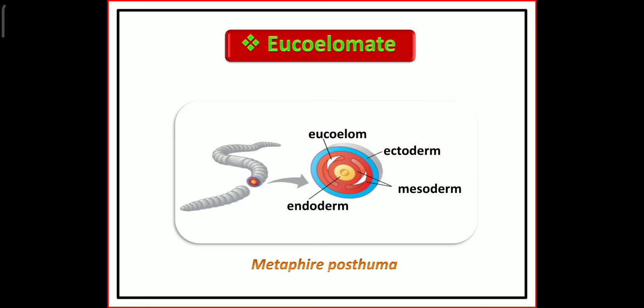Now the eucoelomates. It is called the true coelom because in the embryonic stage of these animals, the mesodermal cells completely fill the blastocoel, forming a solid band of tissue around the gut.